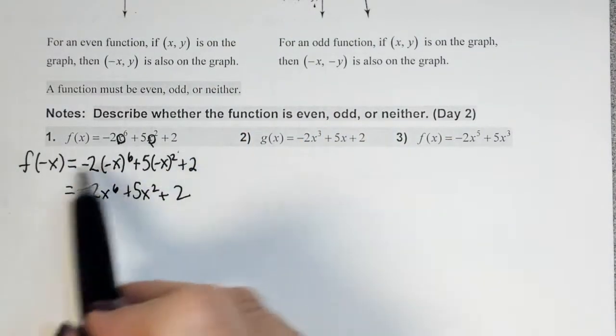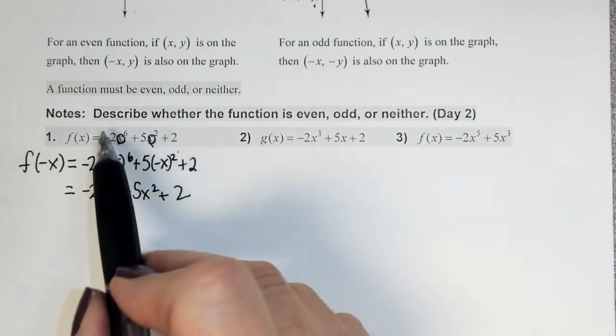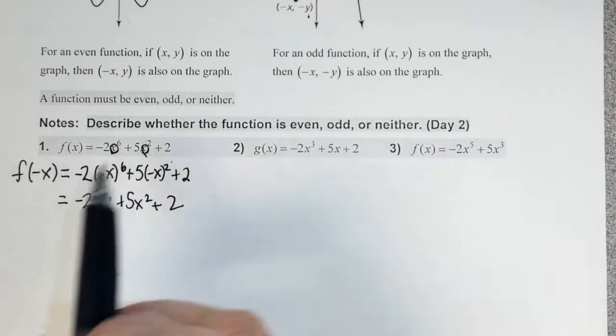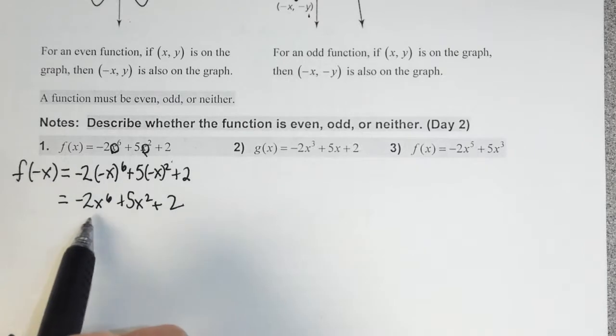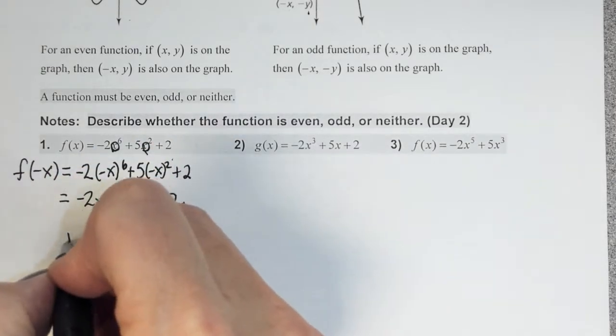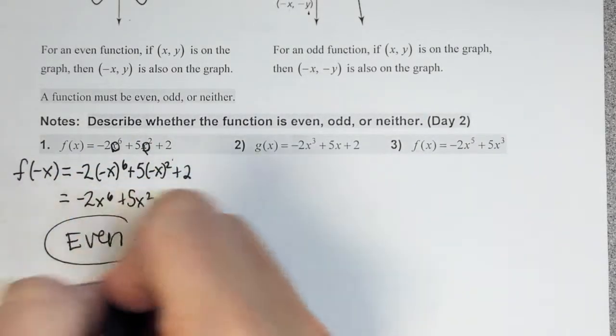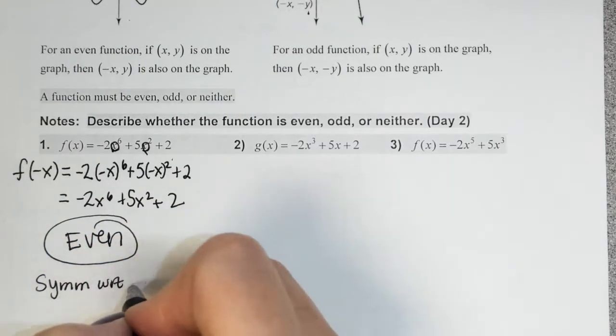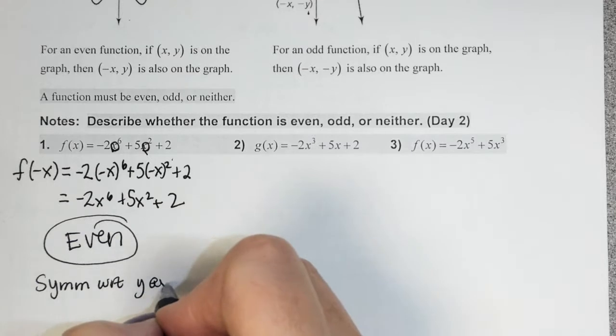Did I get back the exact same y that I started with? I did. So when that happens, when I plug in a negative x and I get out the same y, that means it has to be an even function. Also means it's symmetric with respect to the y-axis.